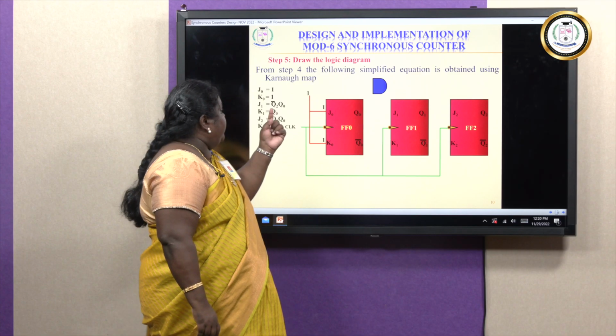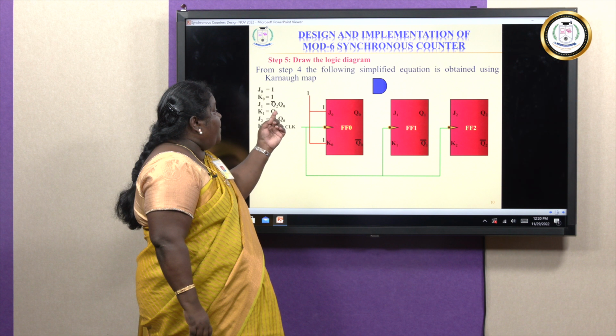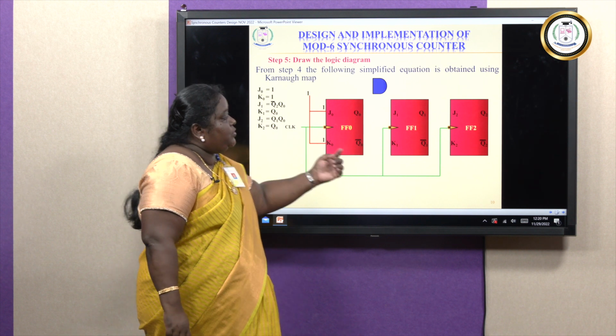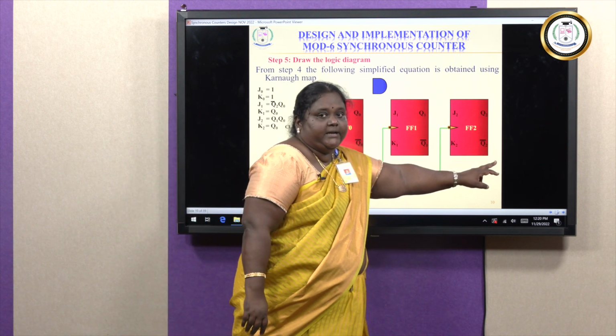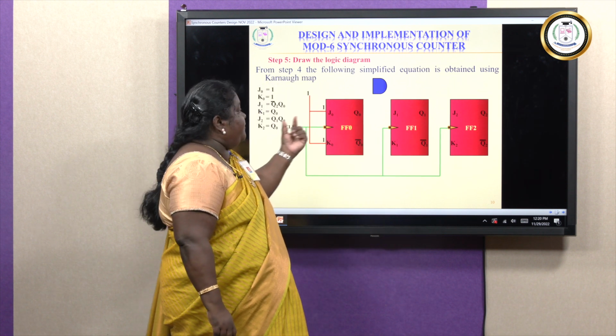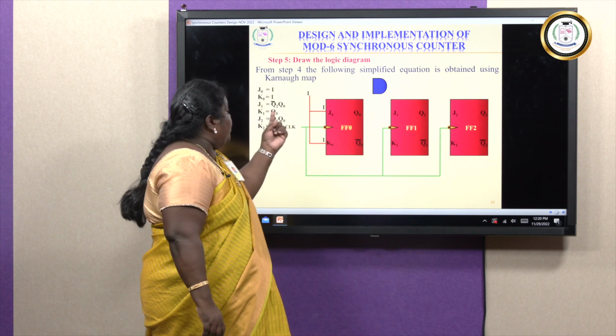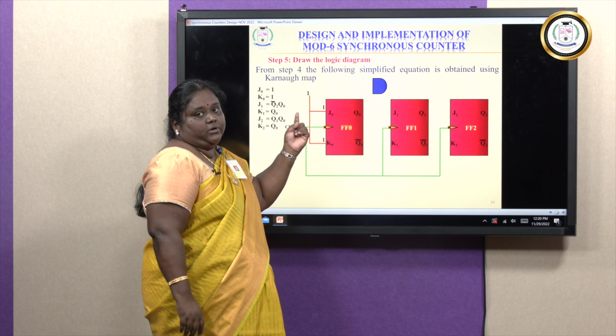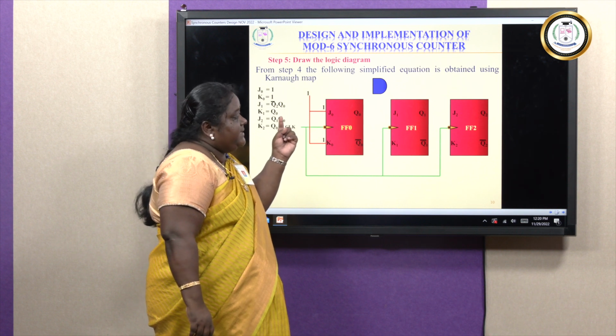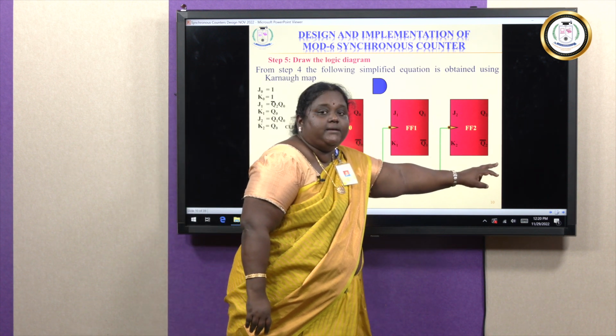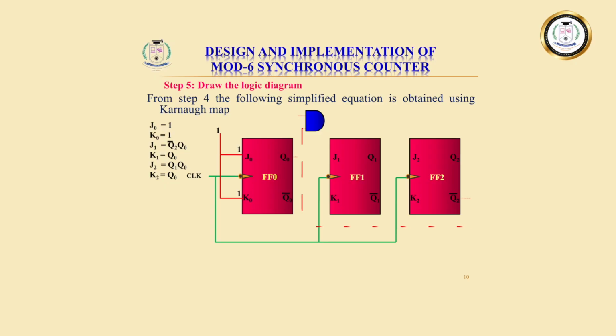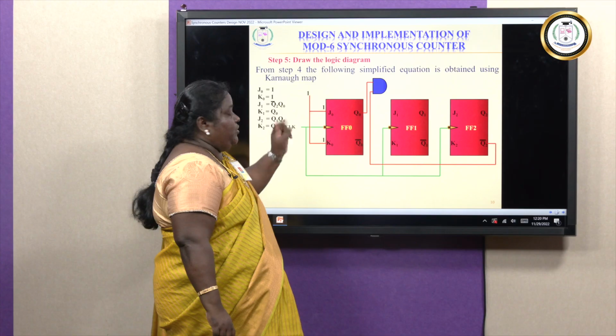For J1, the expression is going to be Q2 bar Q0. Where is Q2 bar? Q2 bar is available here. We have to make use of an AND gate because it is Q2 bar and Q0. We can take Q2 bar from the last flip-flop. Therefore, let us connect Q2 bar to the AND gate, and the other input for the AND gate is going to be Q0.